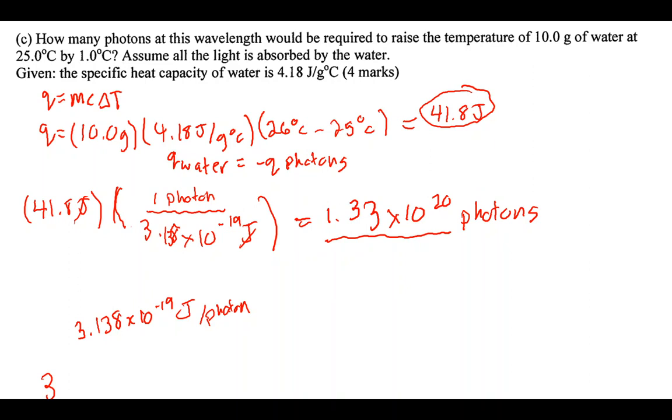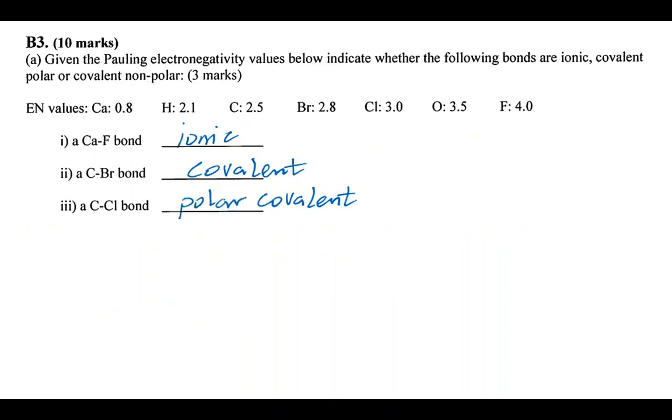Okay, so that's that one. So, given the Pauling electronegativity values below, indicate whether the following bonds are ionic, covalent polar, or covalent nonpolar. So the first one is our CaF bond. So we just essentially want to look at the difference between the electronegativity values.